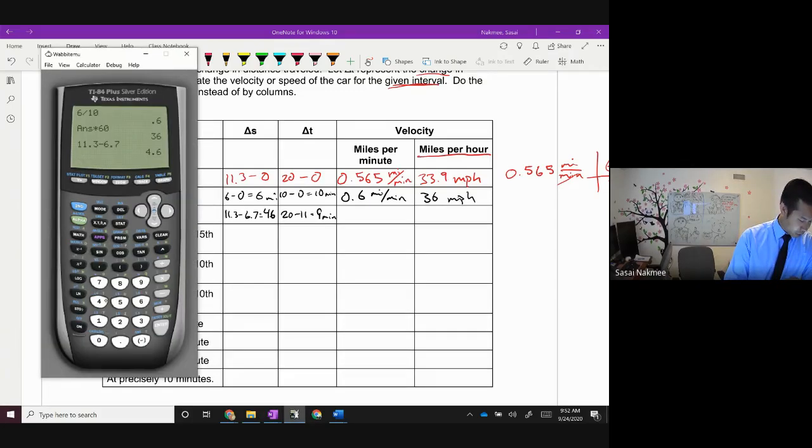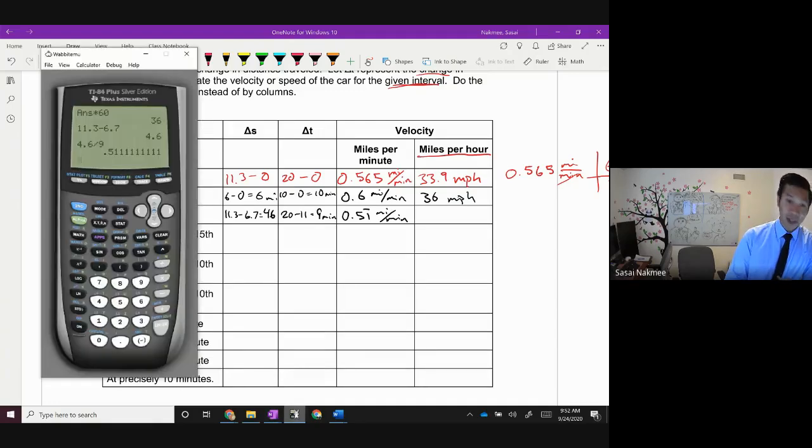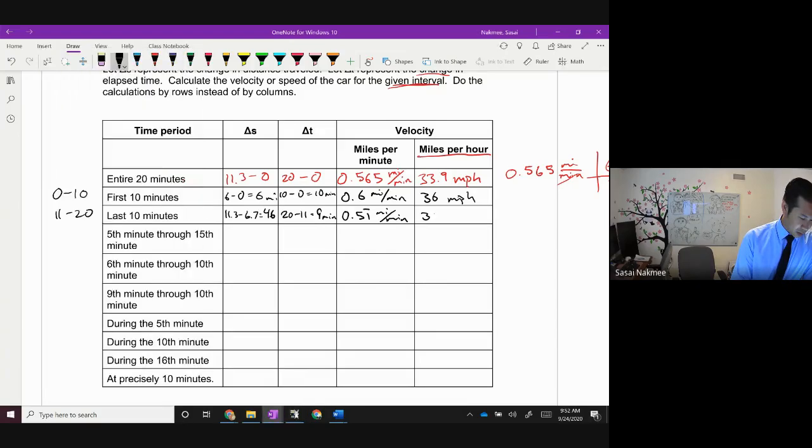Calculating this out, 4.6 divided by 9 gives me 0.51 repeating miles per minute. What is that in miles per hour? Well, just multiply that by 60, right? And I get there 30.6 repeating miles per hour.